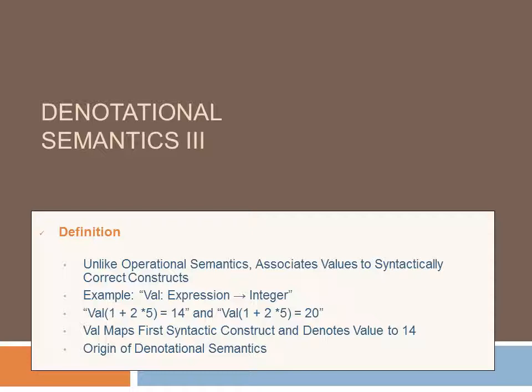So for instance, val of (1 plus 2 times 5) equals 14, while in the val 1 of (1 plus 2 times 5) equals 20. Since val maps the first syntactic construct to the semantic value 14, it denotes the value of 14. And this is actually the origin of denotational.